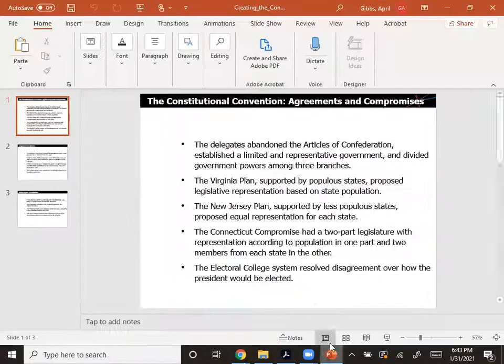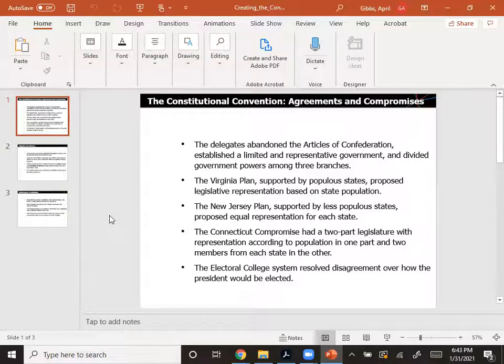So now that we reviewed that, let's go over the Constitutional Convention. The delegates abandoned the Articles of Confederation and established a limited and representative government, and they divided government powers among three branches. The Virginia Plan, supported by the populous states, the bigger states, proposed legislative representation based on state population.